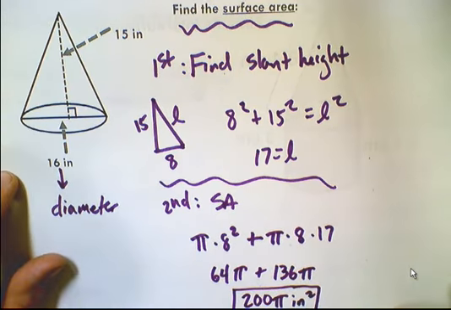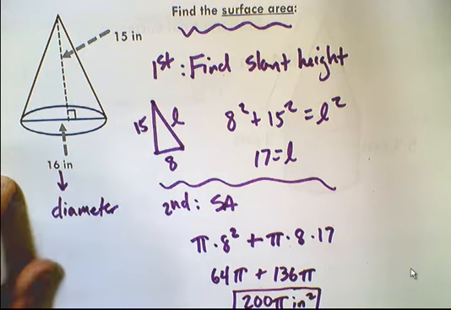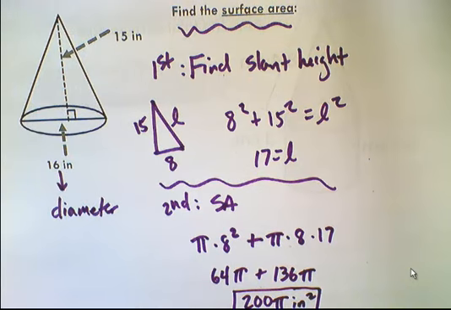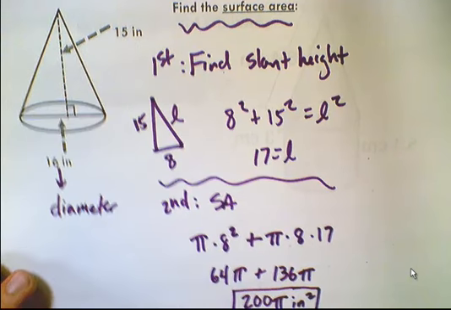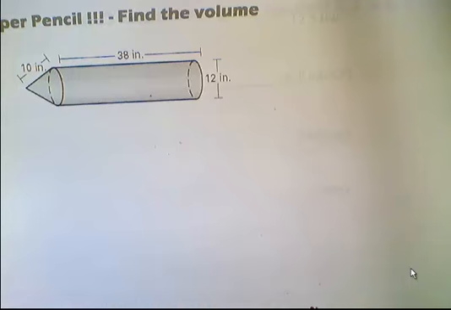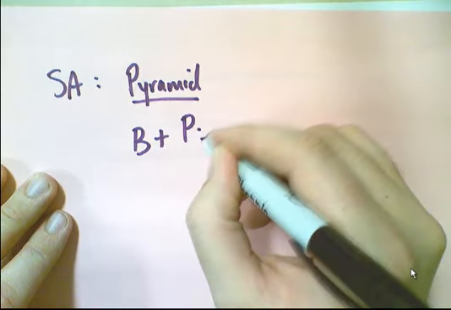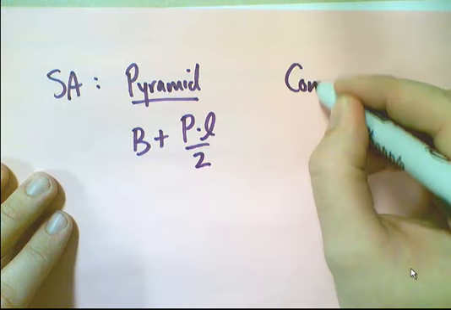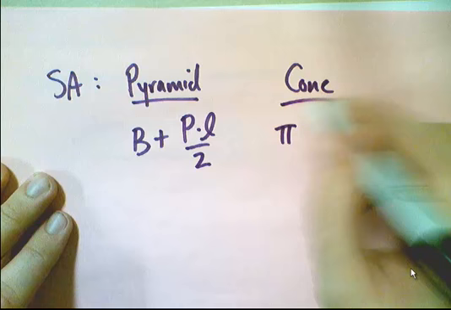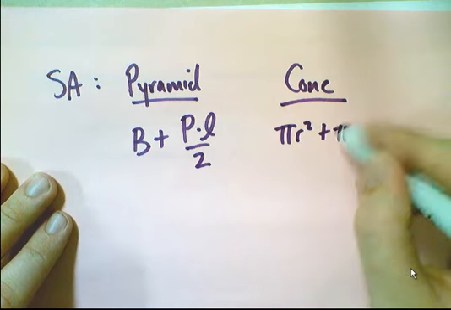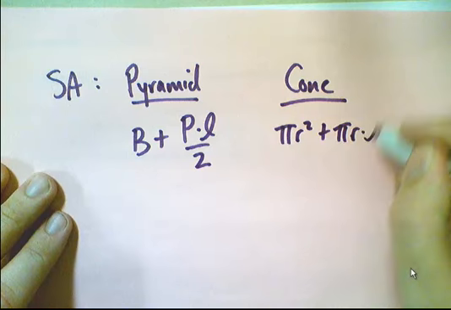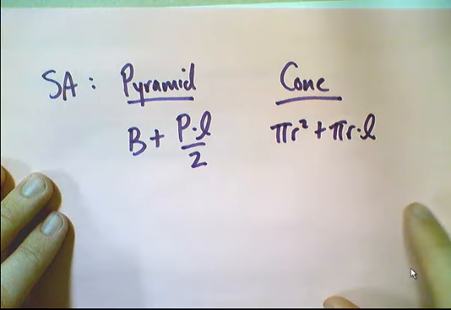Okay, so just a quick review here of these two calculations. Surface area of a pyramid is B plus P times the slant height divided by 2. For a cone it is the same formula except just written in terms of a circle, pi r squared plus pi r l.